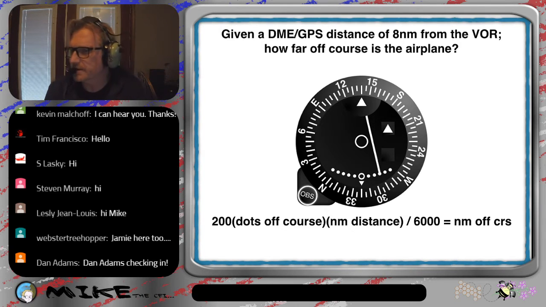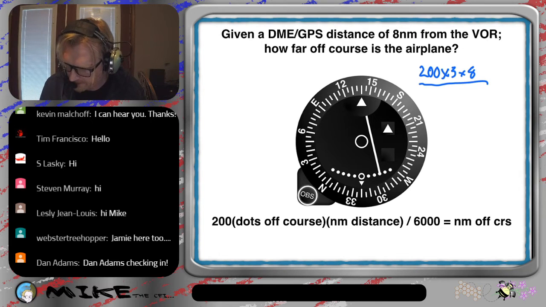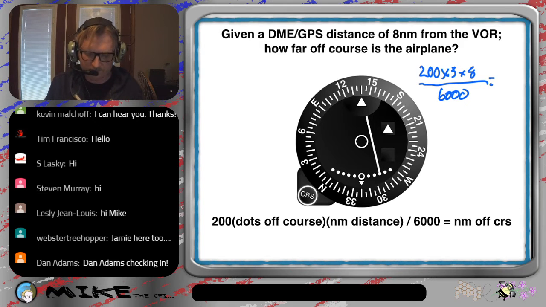Looking at this one here, we take our 200 times the number of dots off course, so that's times 3, times our nautical mile distance, which is 8. And then we divide that by 6,000 to get our nautical miles off course.